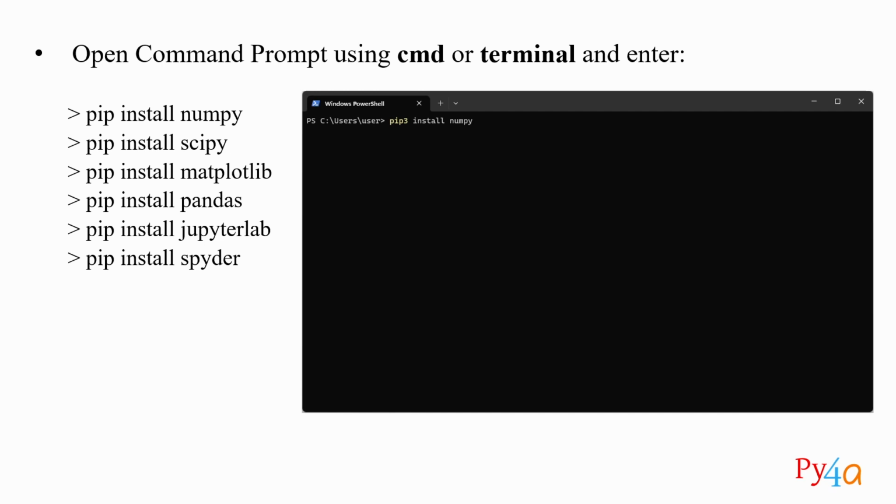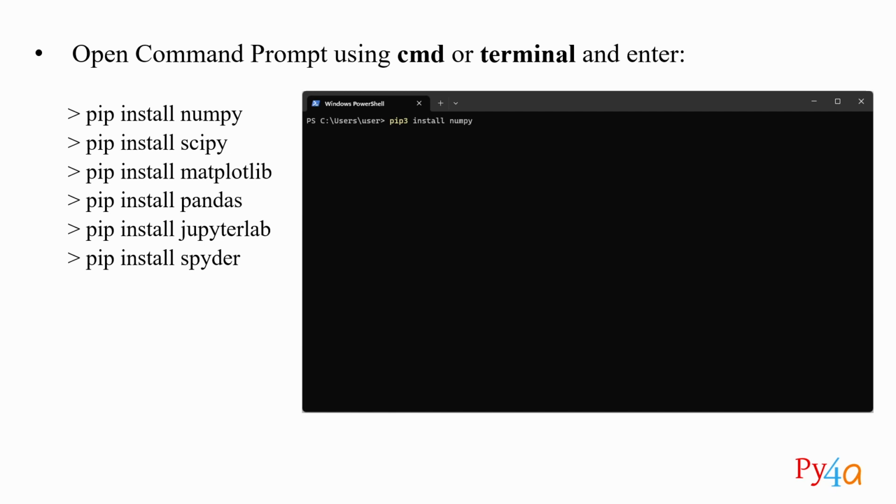You can also install multiple libraries at a go. To do that, all you need to do is to separate the package names with a spacebar. I mean, you type pip3 install numpy space scipy space matplotlib space pandas space jupyterlab space spyder. Once you have done that and you hit enter, all your libraries are installed for you.